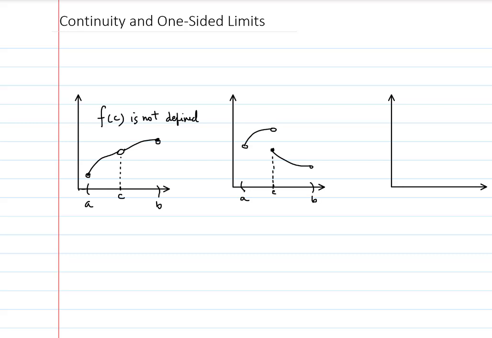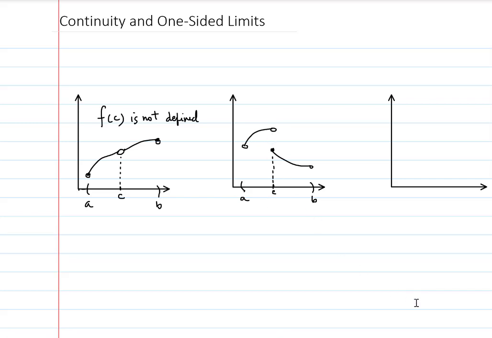Notice how the function is defined there, but there's no continuity here, since you see this gap, this jump from one place to the other. If you were trying to graph this without lifting the pencil off your paper, you couldn't. You would have to make the jump right here.